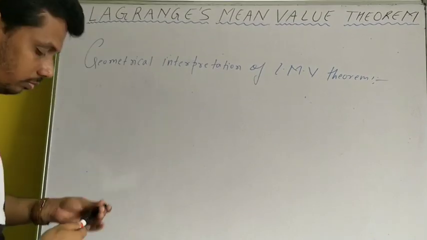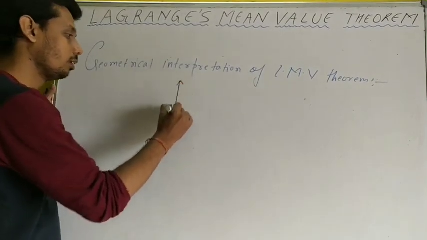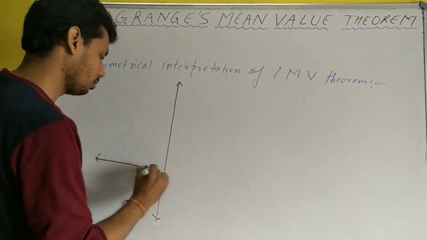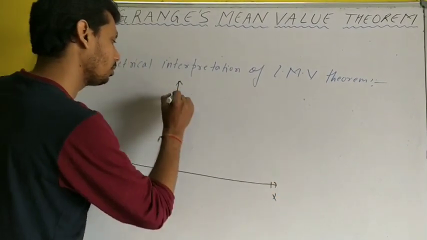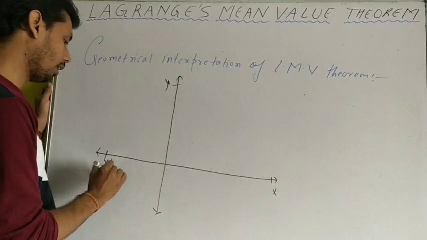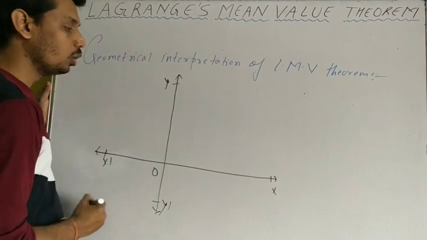Now, this is x, y, x dash, y dash, origin.